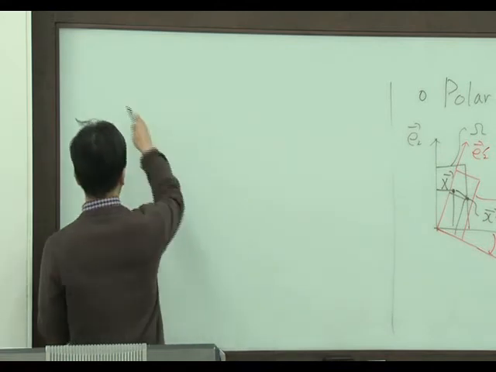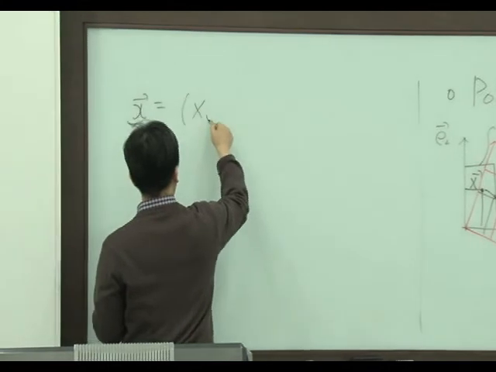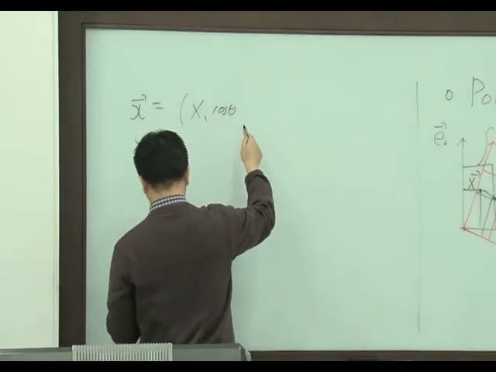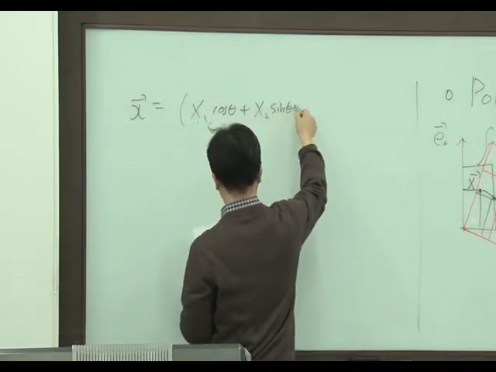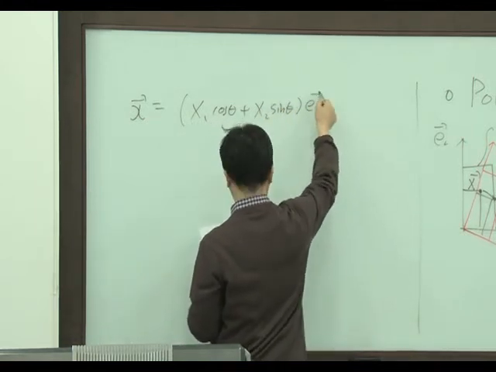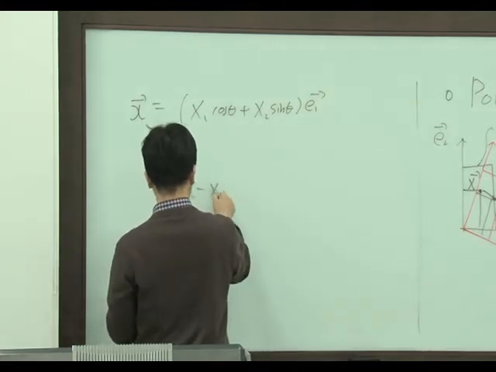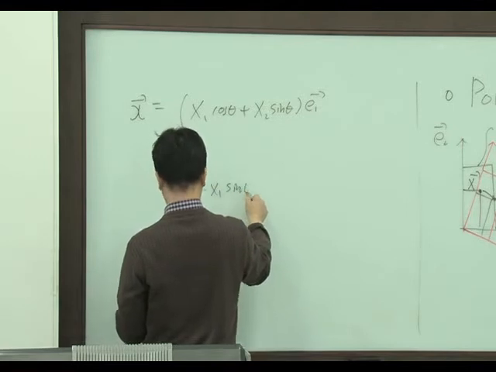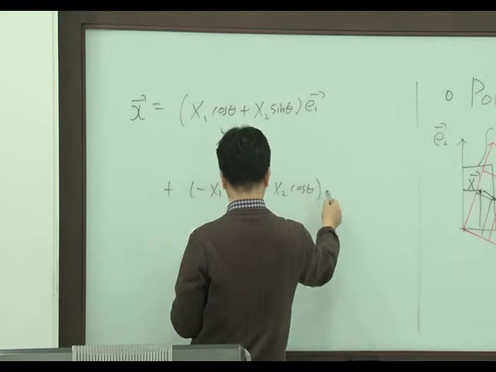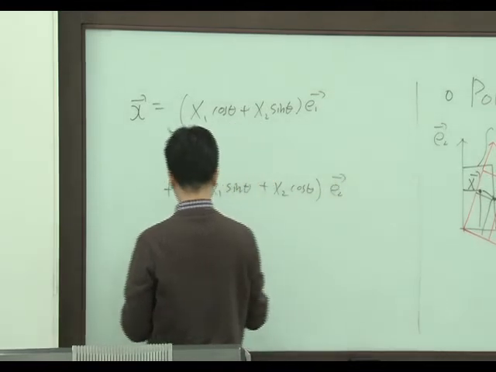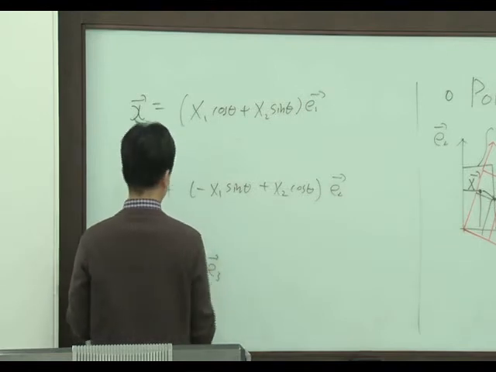Then x becomes x1 cosine zeta plus x2 sine zeta, E1 dash, plus minus x1 sine zeta plus x2 cosine zeta, E2 dash, plus x3 E3 dash.